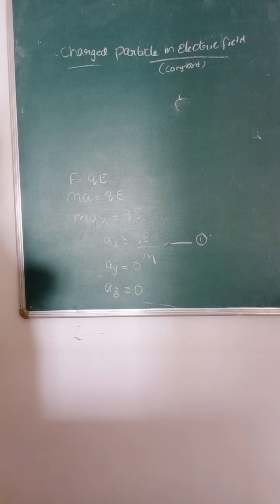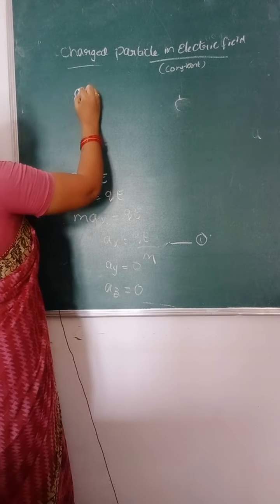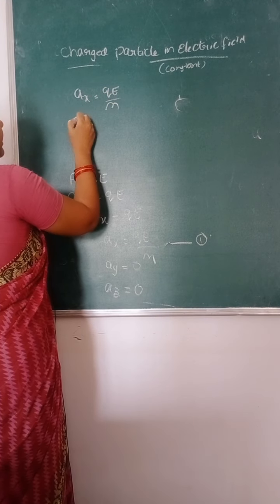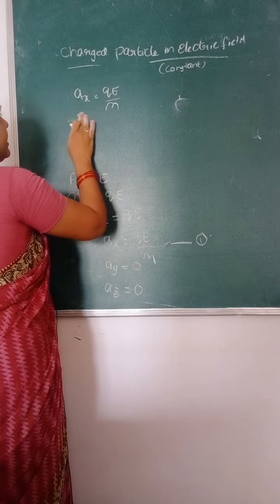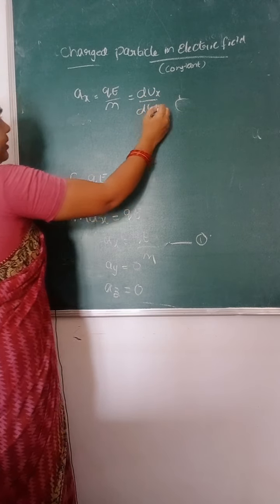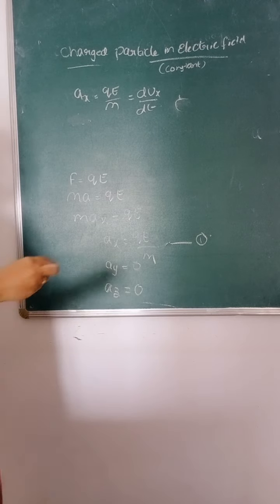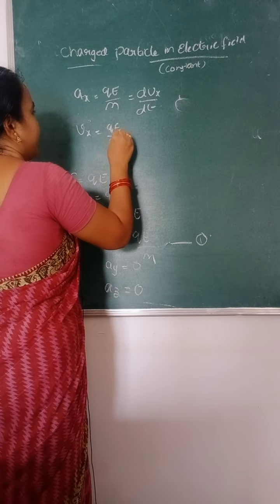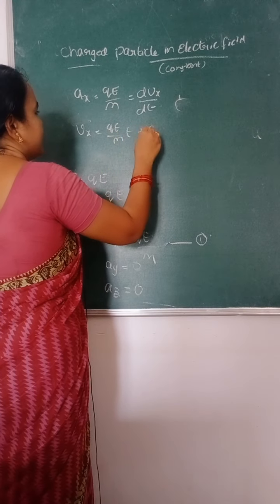AX is equal to QE by M. Then by integrating, dvx by dt is equal to QE by M. Upon integration we get vx is equal to QE by M into t plus c1.